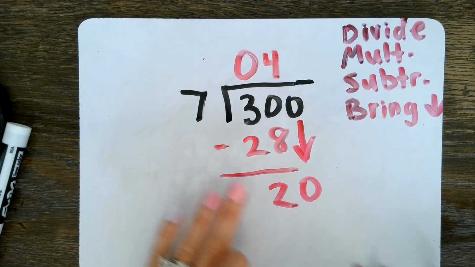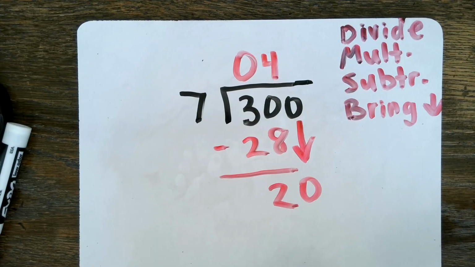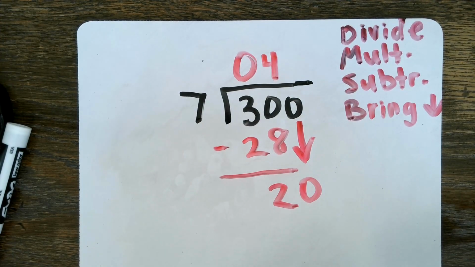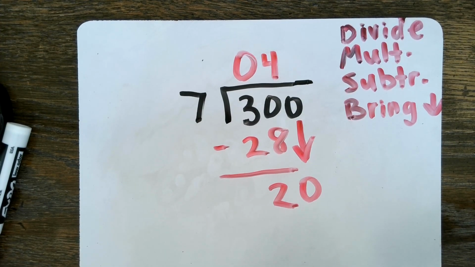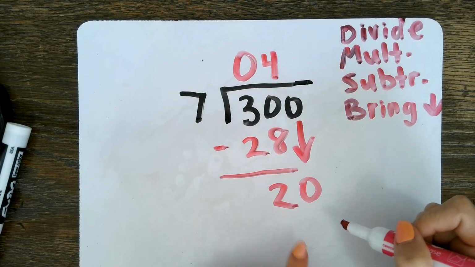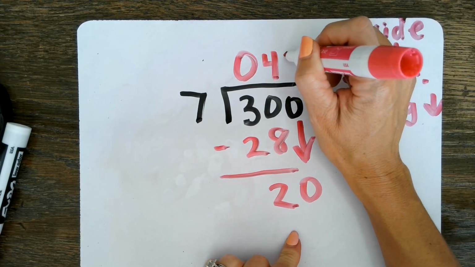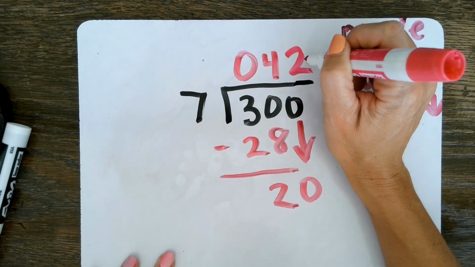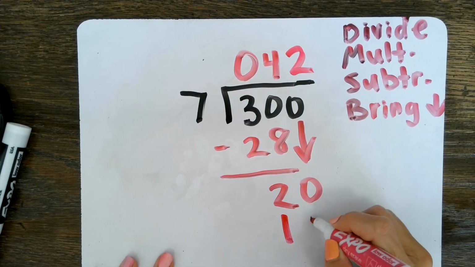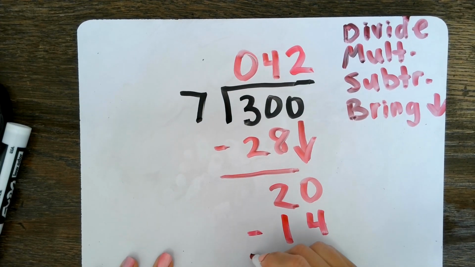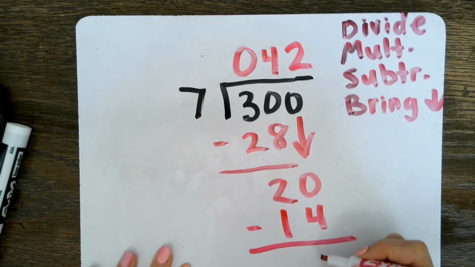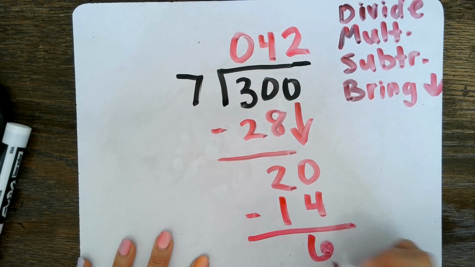Now we have 20 divided by 7, right? Again, we're not going to get an exact number, but 7 can go into 20 twice. So 2 times 7 is 14. And that's going to give us 6.